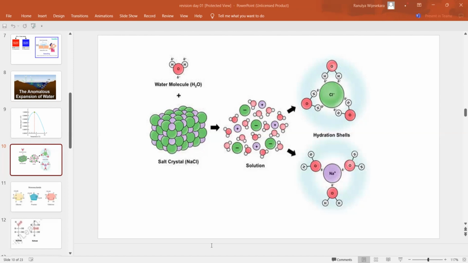What is the most abundant organic compound on Earth? The answer is cellulose.